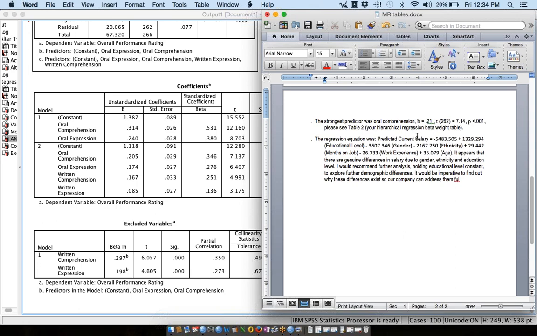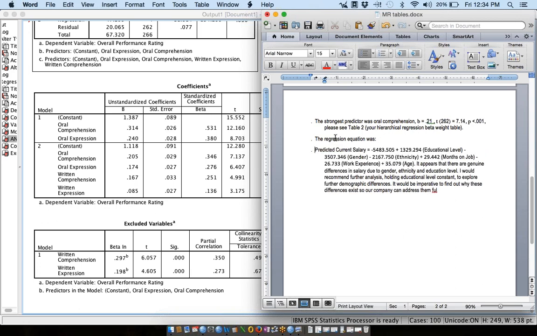And then you're going to do your regression equation. The dependent variable is predicted overall performance. Now my constant I get right here, 1.118.